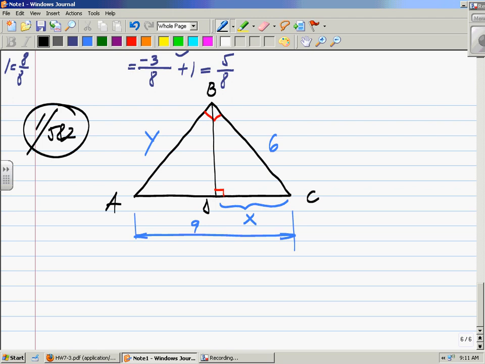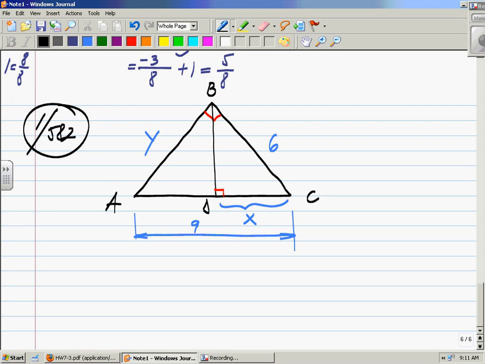And remember, this is chapter 9.1. We're basically dealing with similar triangles in the right triangle. Which ones can you use? What statements can you use?